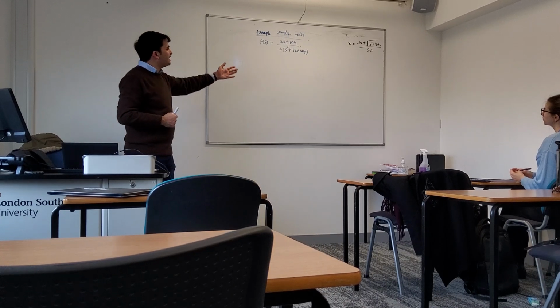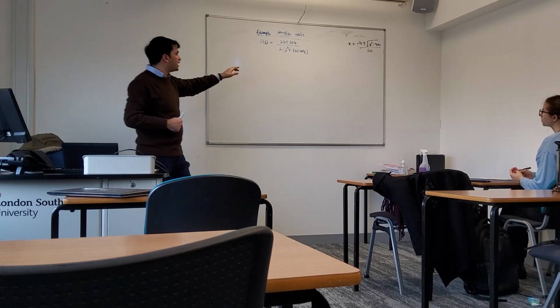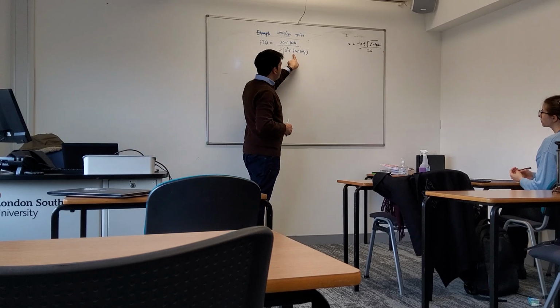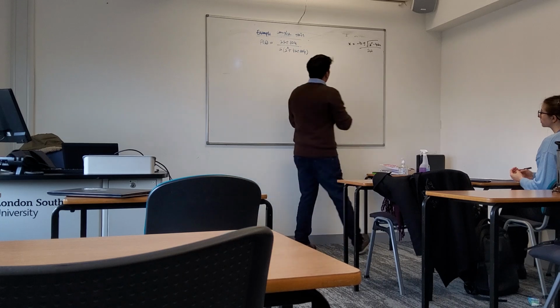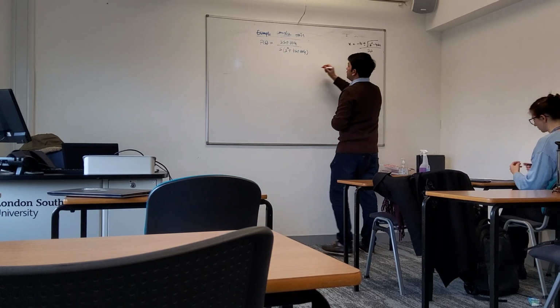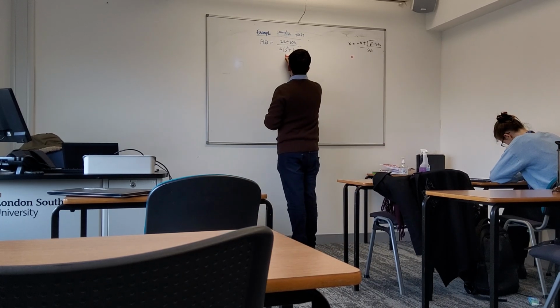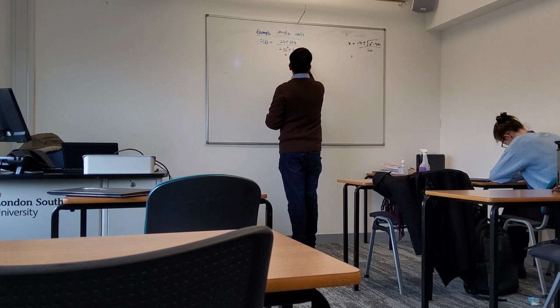So clearly, if I roughly look at this equation, this is your a, b, and c. So a is 1, b is 4, and c is 104.